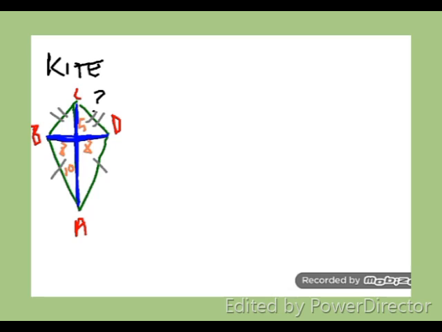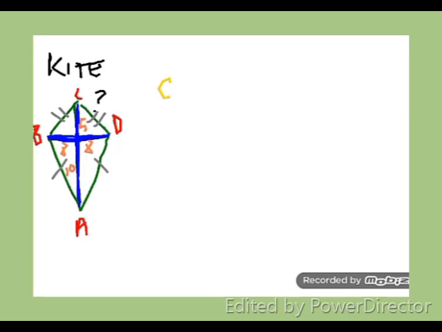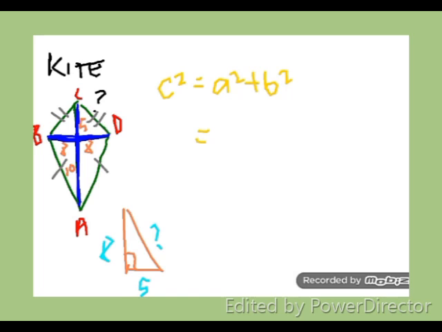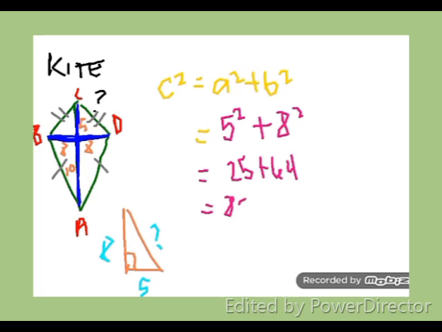Dahil nga nag-bisect into diagonals na yung nag-form na siya ng 4 right triangle, and we're going to get hypotenuse. And the formula is C squared is equal to A squared plus B squared, wherein yung A is the smallest value and yung B yung mas malaki sa A. And 5 and 8, 5 squared plus 8 squared. 5 squared is equal to 25 and 8 squared is equal to 64. 25 plus 64 is 89.